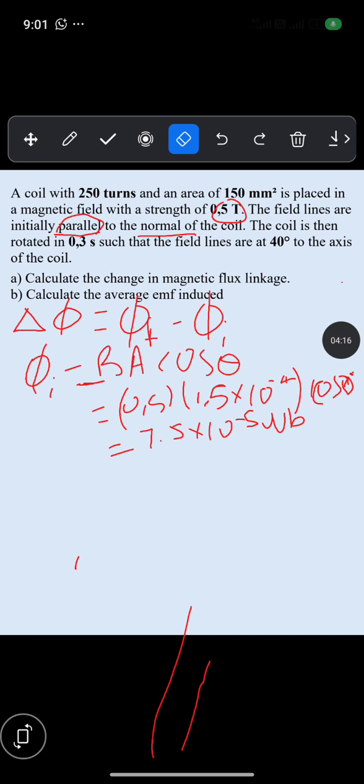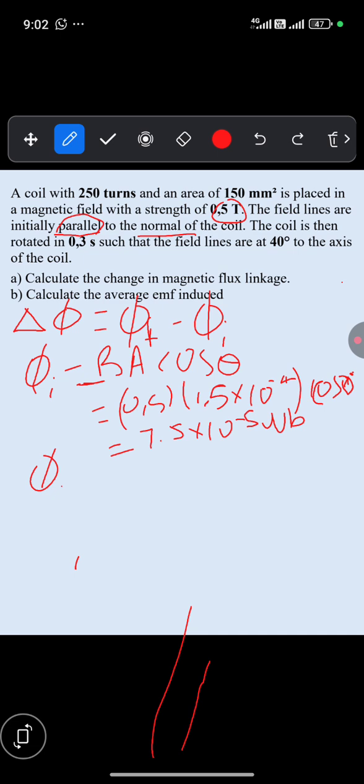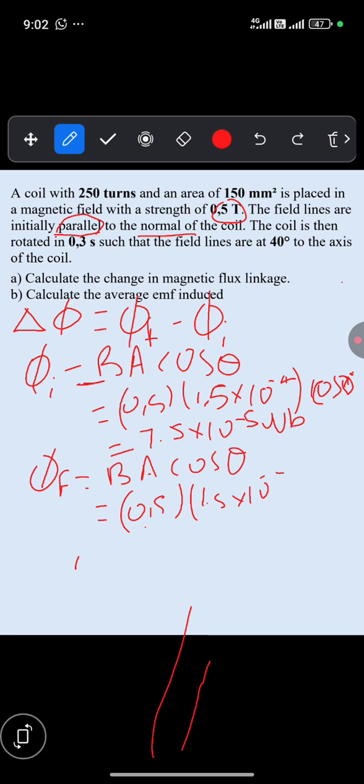Then we calculate the final flux. The final flux is equal to BA cos theta. Then B we still have 0.5. The area we still have 1.5 times 10 to the power negative 4.